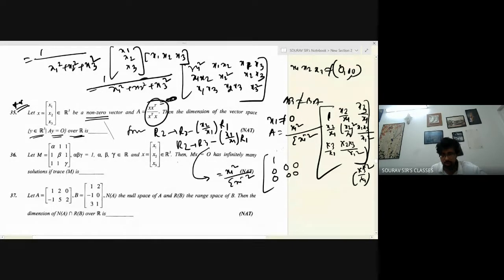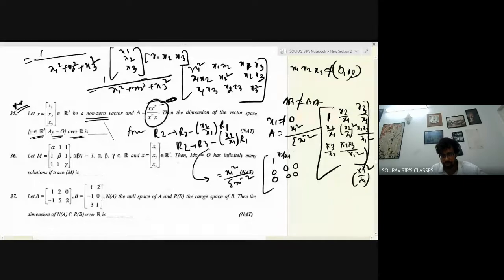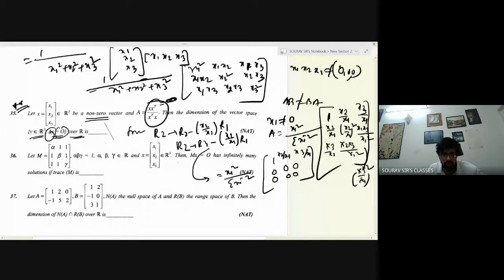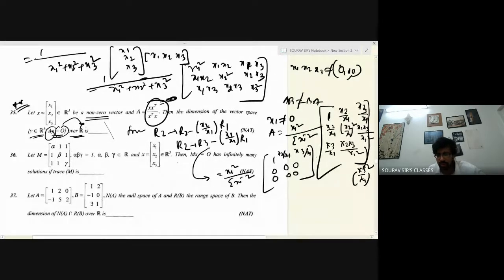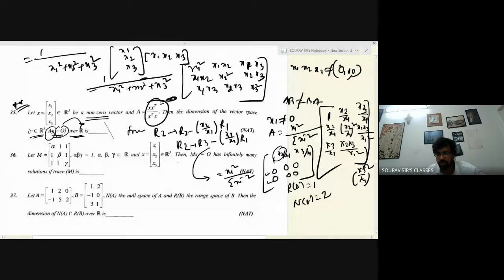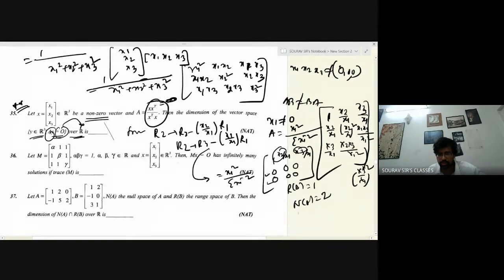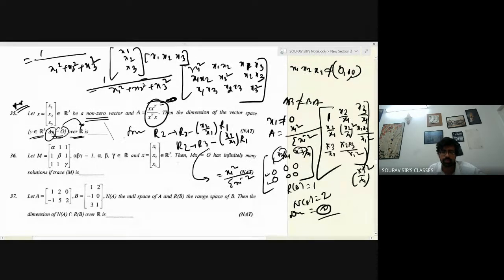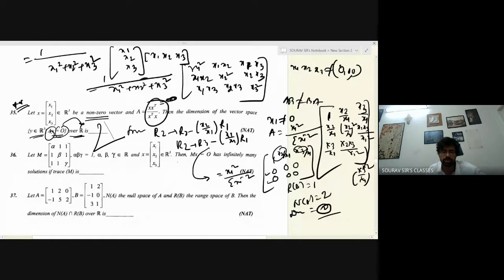So we will be ending up with x2 by x1 and x3 by x1. Finally, if we see the vector space where the formation is Ay equal to 0 over the reals, the rank is the number of non-zero rows, so the rank of A is 1. Nullity of A: two variables are remaining, so 3 minus 1 is 2. So the dimension of the vector space will be 2.